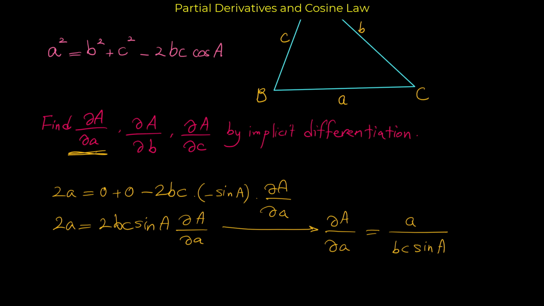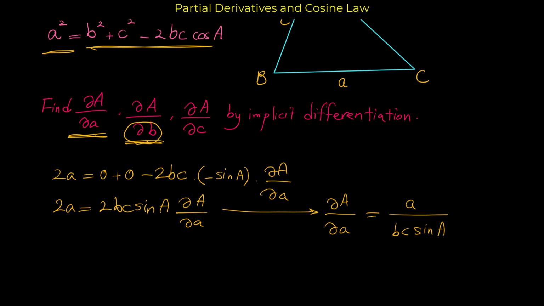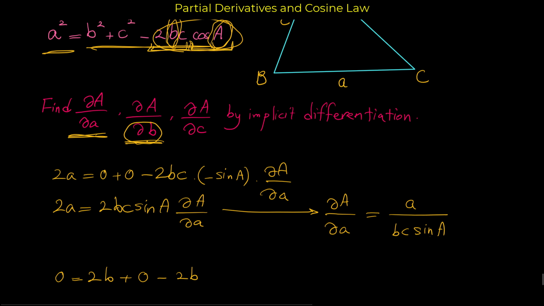Now let's find the other partial derivatives. Here the variable is b and the function is still A. So we take the derivative of the left side and the right side with respect to b this time. The derivative of a squared with respect to b is 0. The derivative of b squared is 2b. The derivative of c squared is 0. Minus, attention here, b and A: b is the variable and A is the function, so both of these have terms that we have to differentiate. For the derivative of negative 2bc cosine A, we use the product rule.